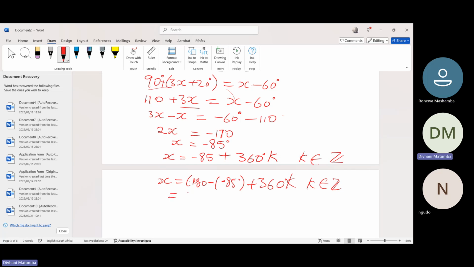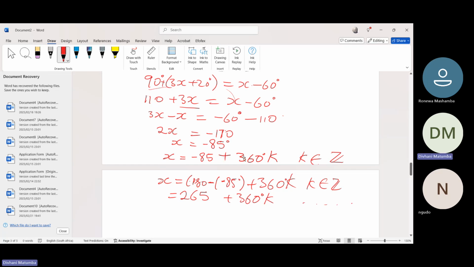So this is going to be 180 plus 85, which gives us 265 plus 360 degrees k.